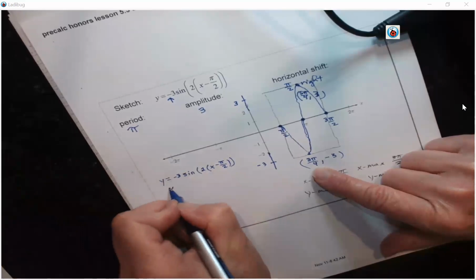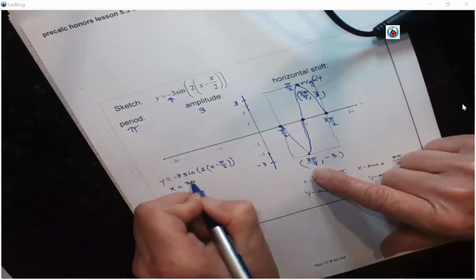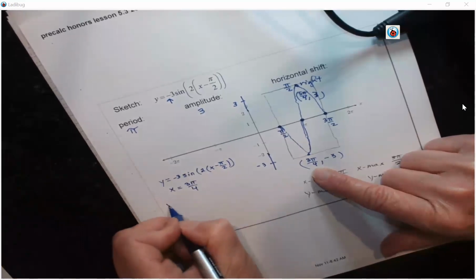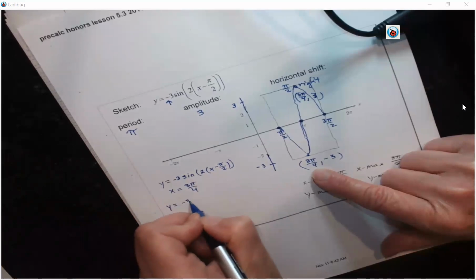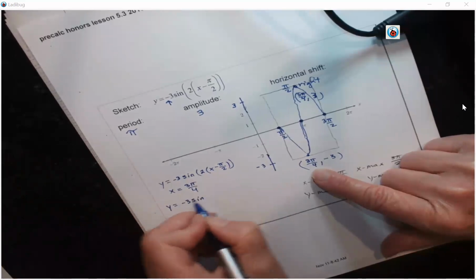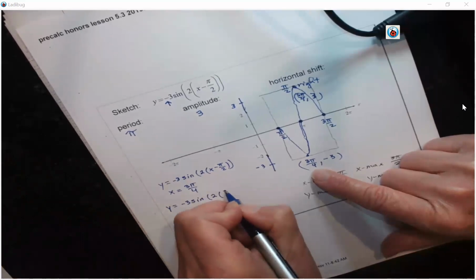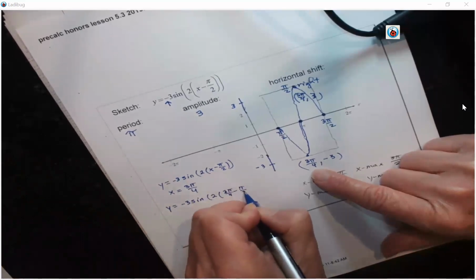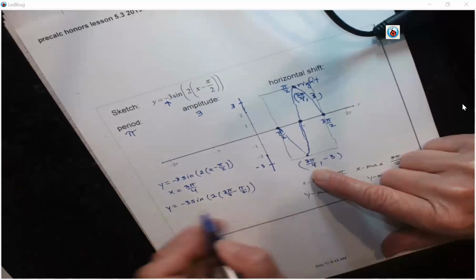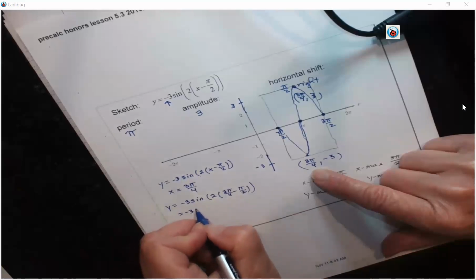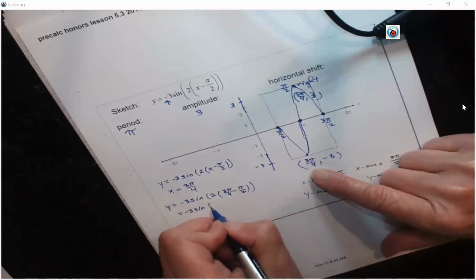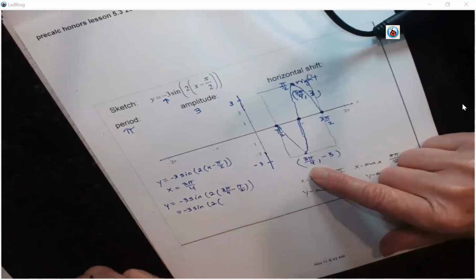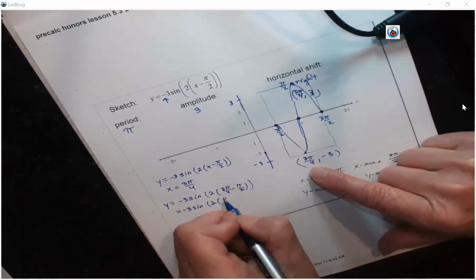And so if x equals 3 pi over 4, then let's see what y equals. -3 times the sine of 2 times the quantity 3 pi over 4 minus pi over 2. That's -3 times the sine of 2 times, 3 pi over 4 minus pi over 2 is pi over 4.